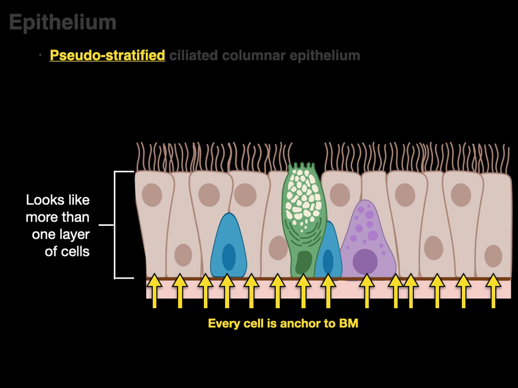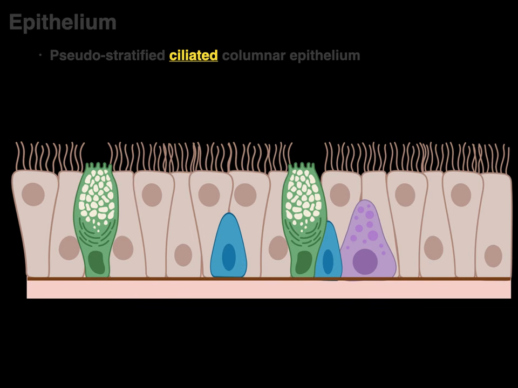So histologists said, we're going to call it falsely stratified because it looks stratified, but it's not. Like pseudoscience, false science, pseudostratified is falsely stratified. All the cells are anchored to the basement membrane, but they look like they're layered.